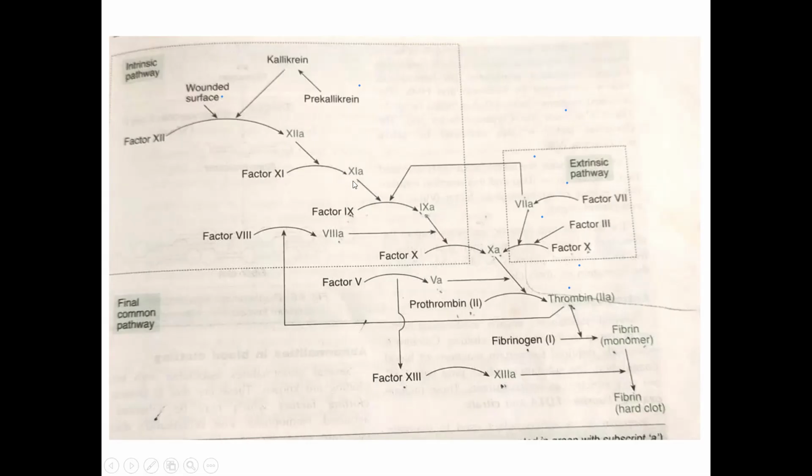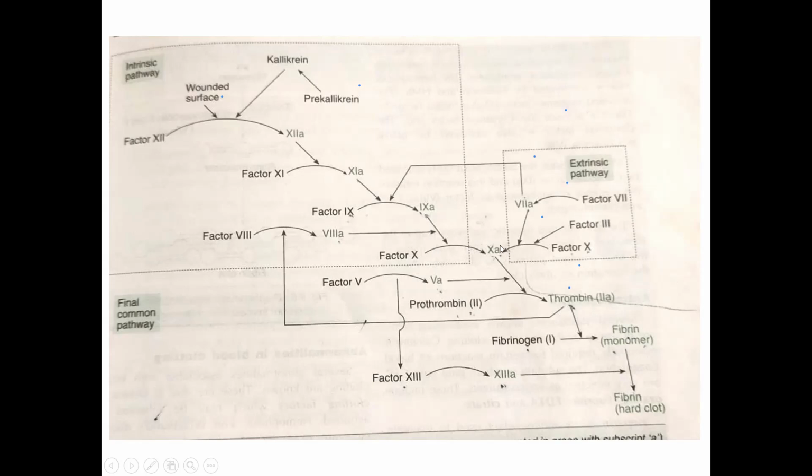This activated 11th factor acts on the 9th factor to become 9th A. And this 9th A converts the factor 10 into prothrombin activator, that is 10th A. All these components are present within the blood, so this pathway is known as the intrinsic pathway.